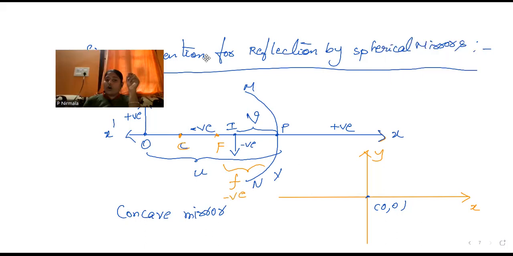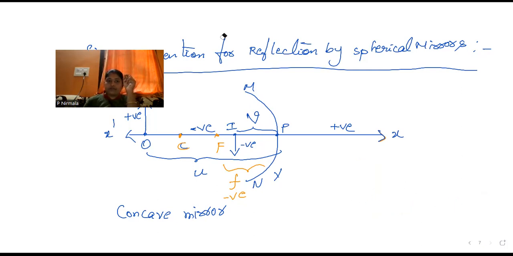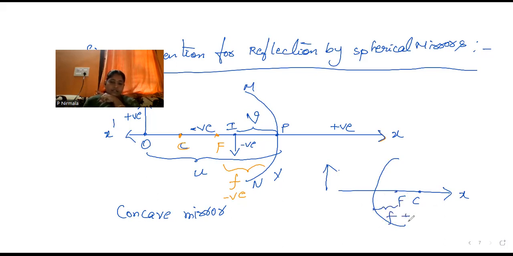Next come to the convex. I'll write here. Convex. The incident is here, and the object you are going to keep here. So the center and focus point lie on the right side. The right side of the x-axis is what? Positive. So the focal length is positive for the convex.